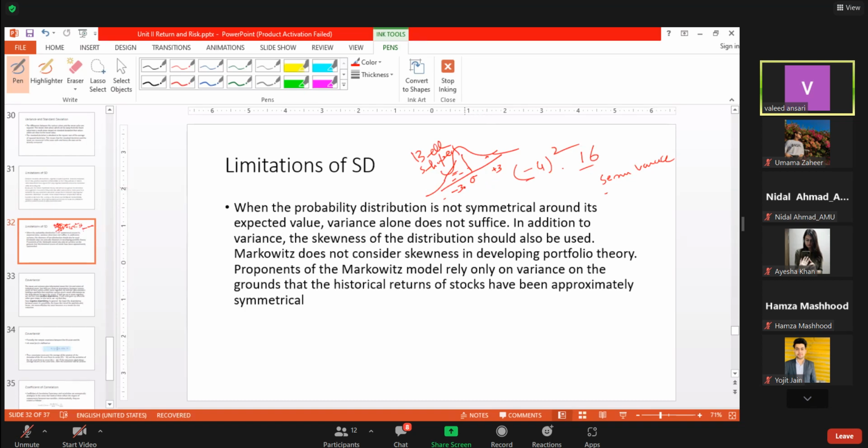Just one thing I will point out which you can take note of: it assumes that observations are there on both plus and minus sides, but stock prices are never zero. That is why for option prices we take log normal, the natural log of the prices, because prices cannot be zero. Moreover, sometimes these tails play a very important role, like in a crisis. All the models of financial risk management were based on the normal distribution.